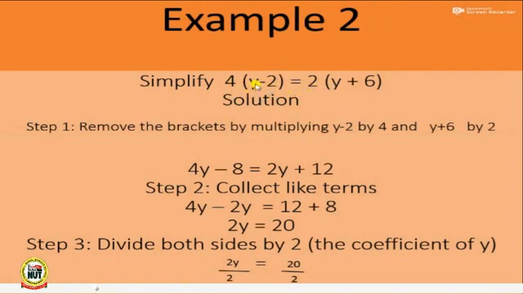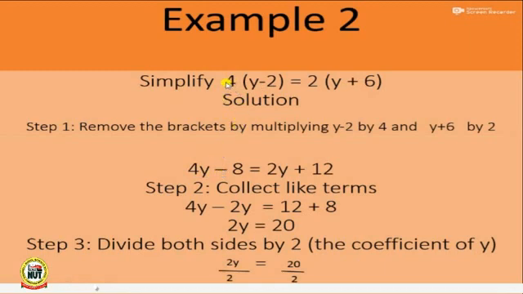The first bracket has 4 as a multiplier, and the second bracket has 2 as the multiplier. So opening the first bracket, we multiply the items inside by the multiplier, which is 4. Recall, consider the sign before and inside the bracket and the multiplier. The multiplier of the first bracket is plus. So 4 times plus y will give us 4y.